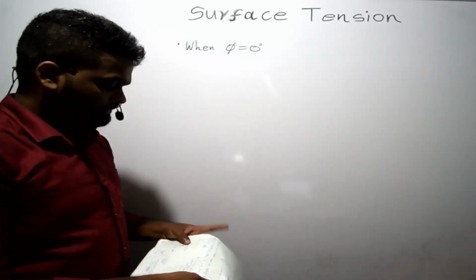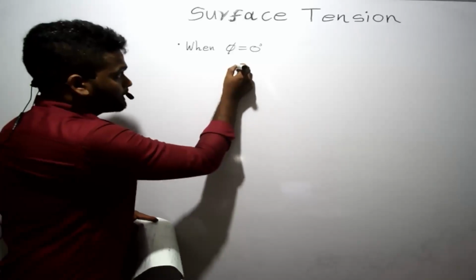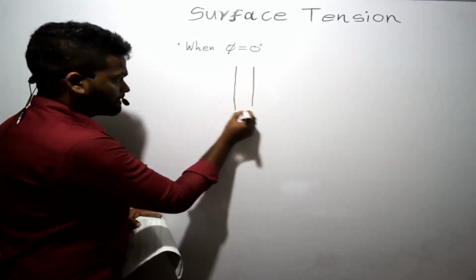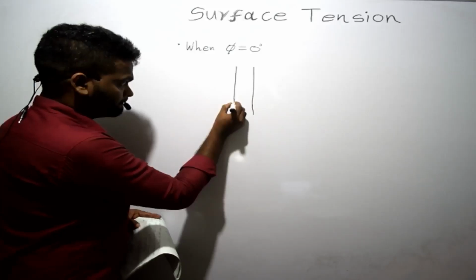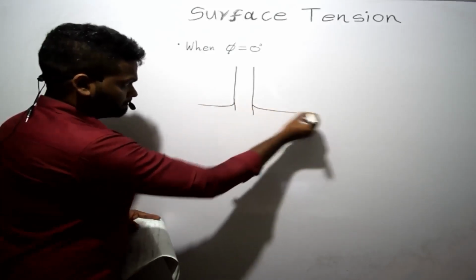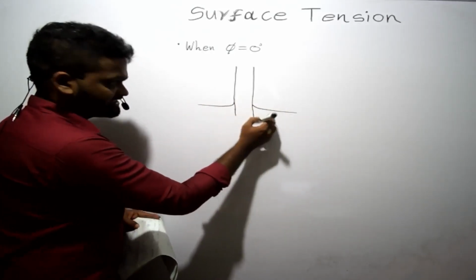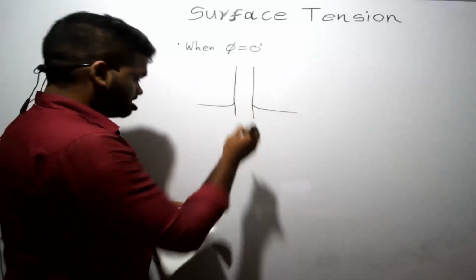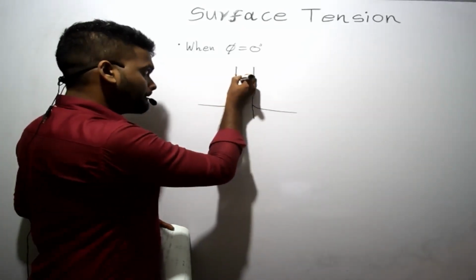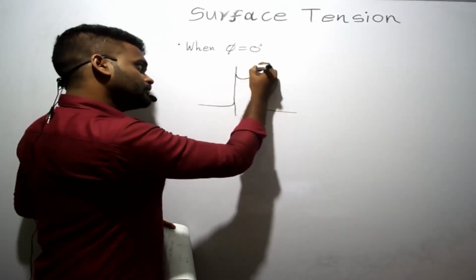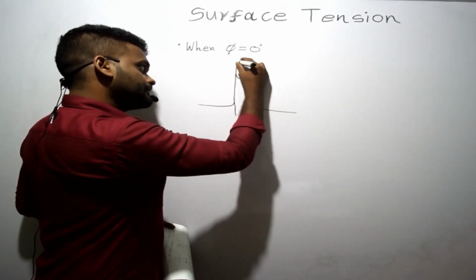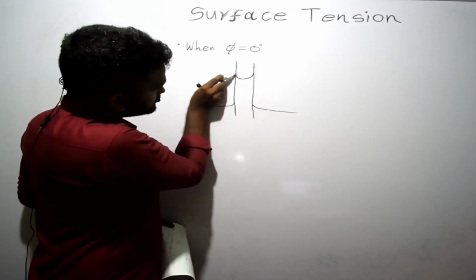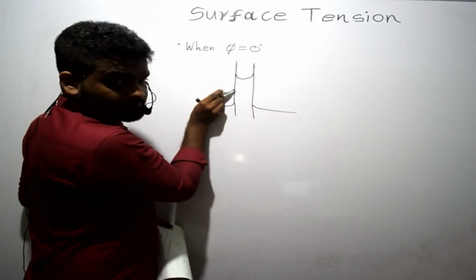So here what happens? I'll draw the tube. So this is like water and glass, right? So let's say when the contact angle is 0, this is the solid surface.